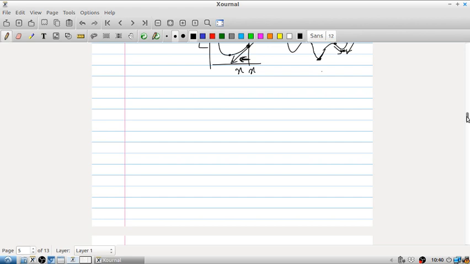Okay, let's resume. We're going to look at a couple of things which you've probably already seen in the other class: the variable importance plot and the partial dependence plot.